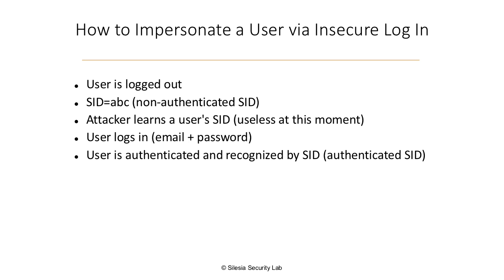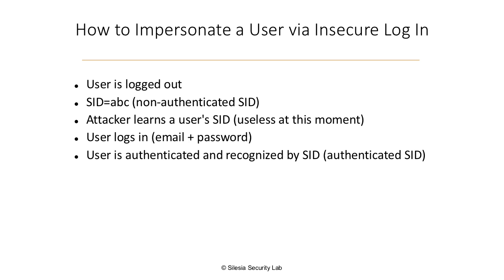So the user has been authenticated after providing email and password. And now the only piece of data that is used by the web application to recognize the user is the session ID. This is how a web application works. Now we are talking about an authenticated session ID because the user is authenticated.